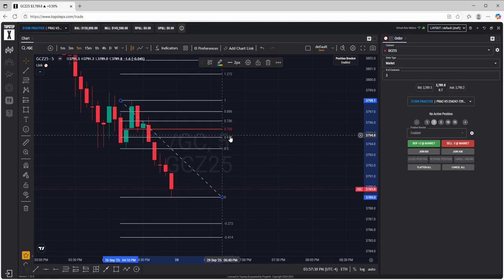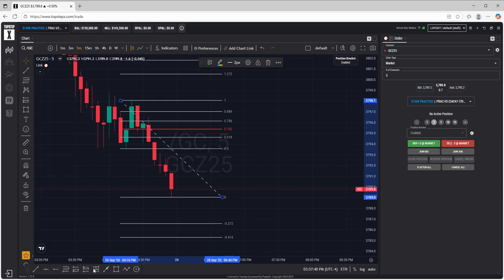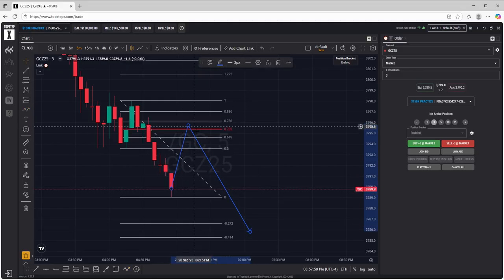Boom. It looks like it's starting to pull back, and you'll want price to come back into this zone, and then push and continue in the trend that it is going.